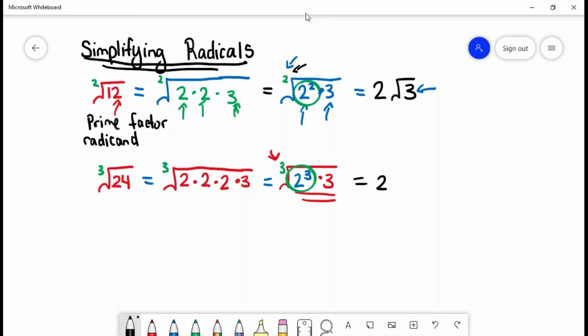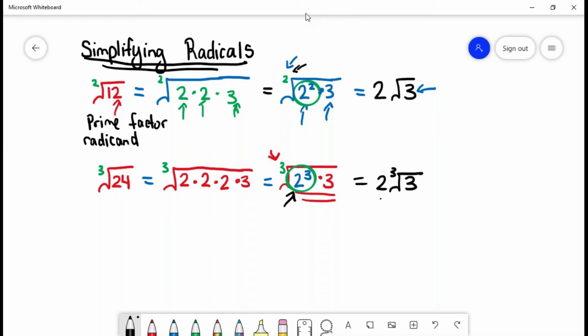So now if we write this, it would be 2 root 3, because we had a group of 3 2s and we had the root index of 3. So for every 3 of those numbers, we'd put 1 on the outside.